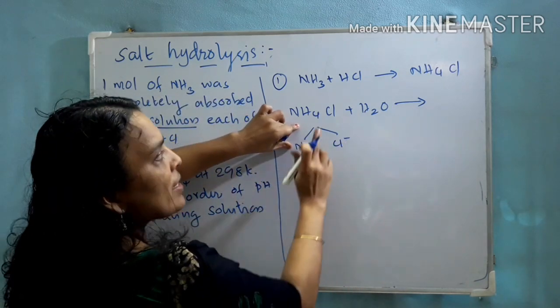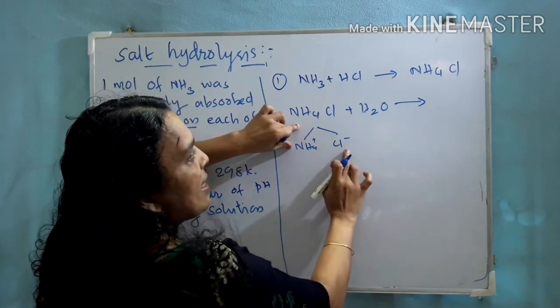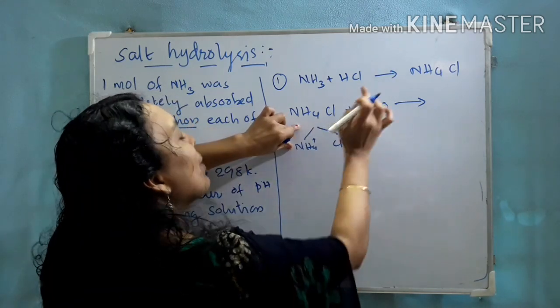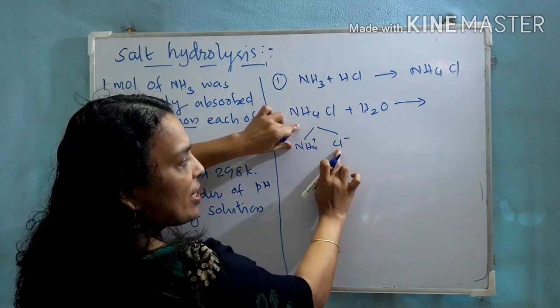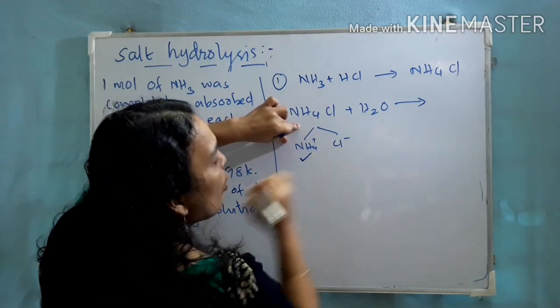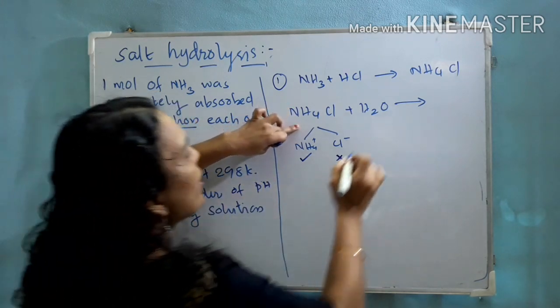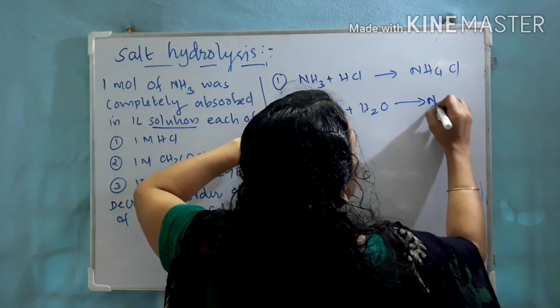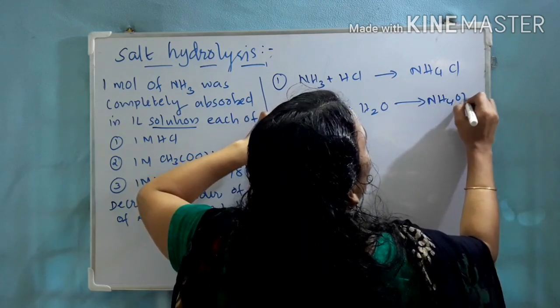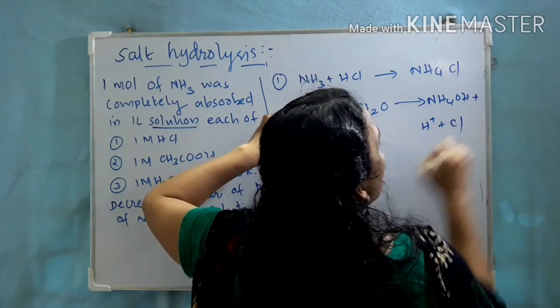NH4 plus is coming from a weak base, so it is a strong acid. Cl minus is coming from a strong acid, so it is a weak base. So who can undergo hydrolysis? NH4 plus can undergo hydrolysis and Cl minus cannot. So inside the solution, NH4 plus gives NH4OH plus H plus, plus Cl minus.